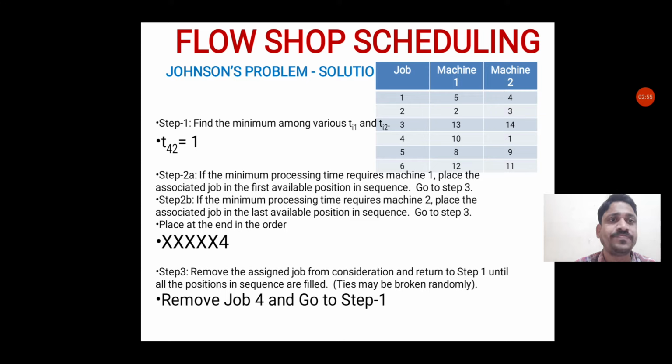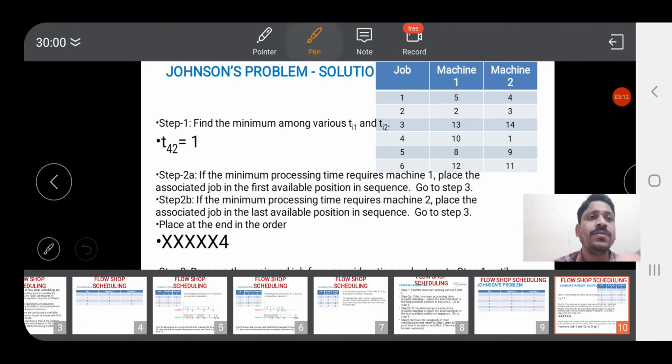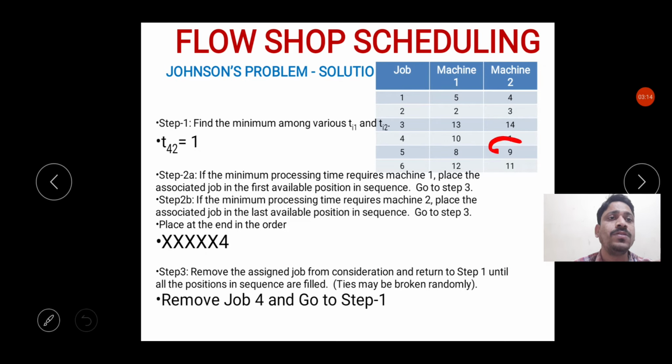So here if you can see, the minimum is which one? So the minimum value among the processing times is 1. You can see here it is 1, right? So this 1 is the minimum one.